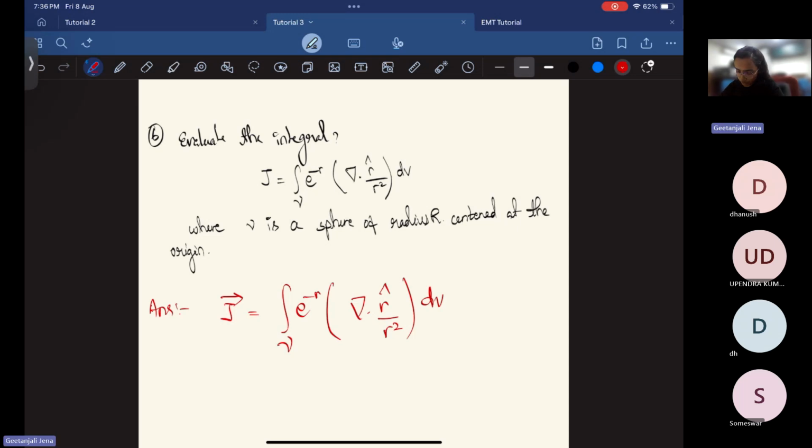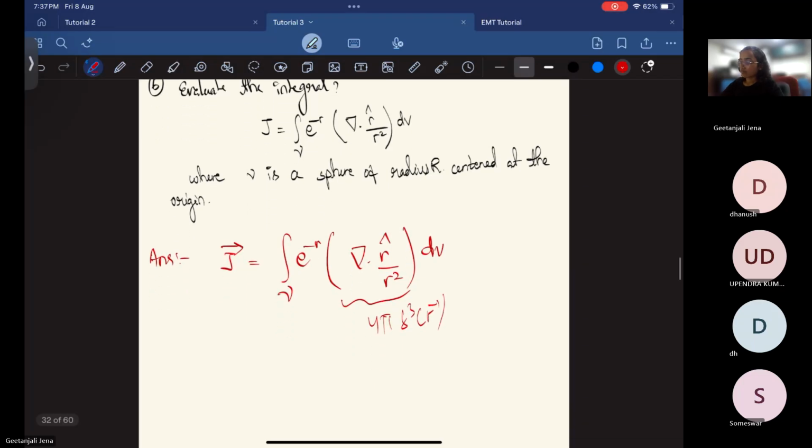Yes, it's correct. 4 pi. You know that this is 4 pi del function. The sphere is centered at origin. That means the 0 point is there in the limit. So it will give 4 pi e to the power minus 0, which is 4 pi.